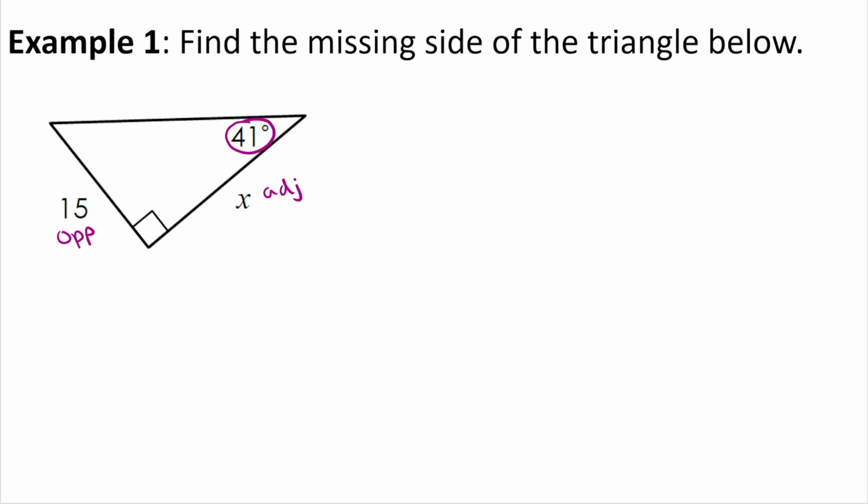So the question is, which trig ratio uses opposite and adjacent? The only one that does that is the tangent ratio. So tangent of 41 degrees, which is our theta, is equal to 15, the opposite, over the adjacent x. Now, from here on, we're just going to use algebra to solve for x.